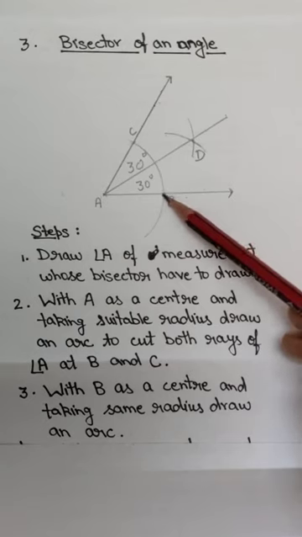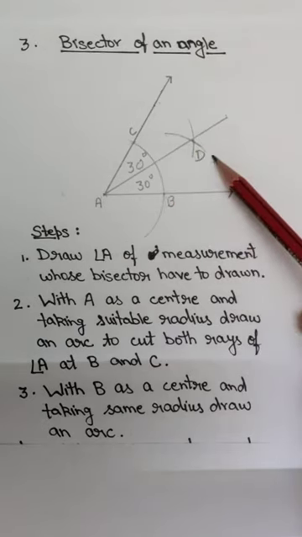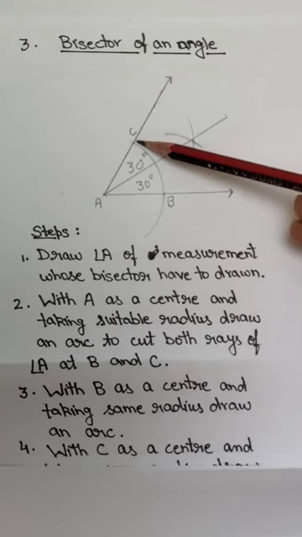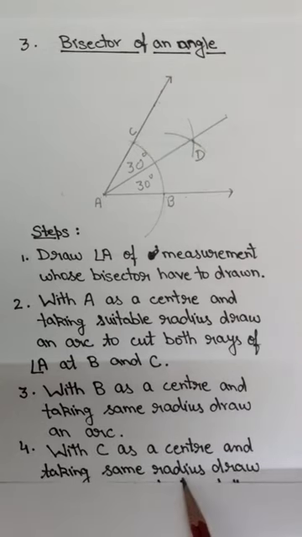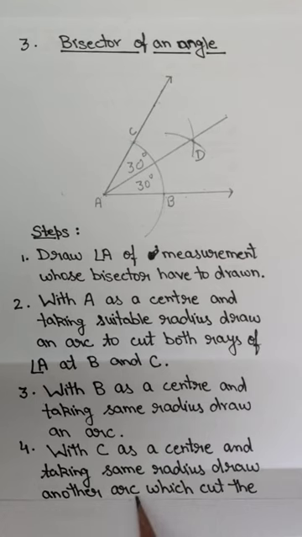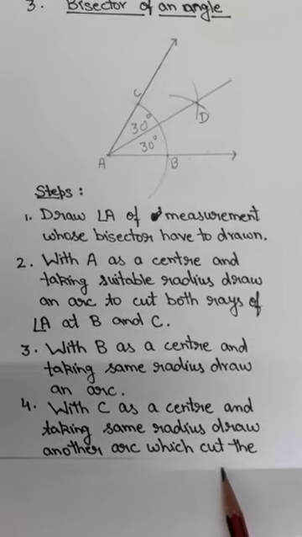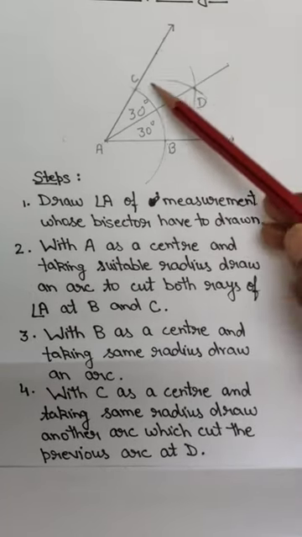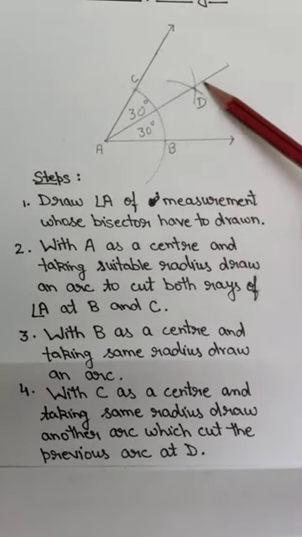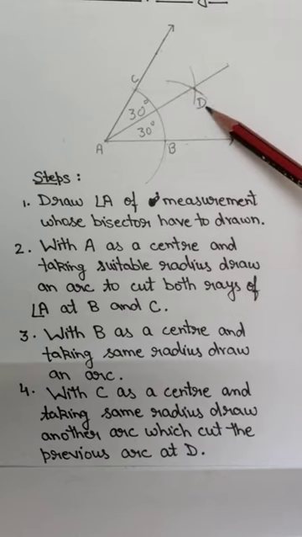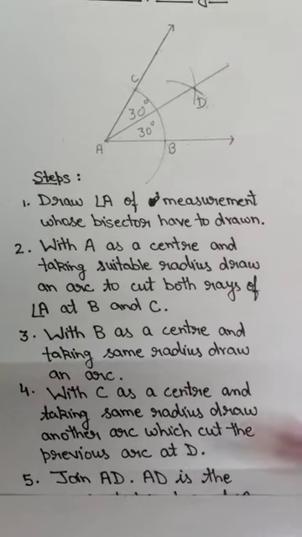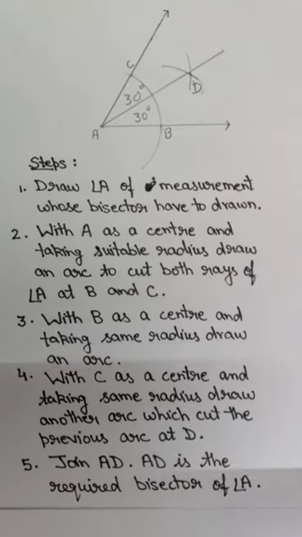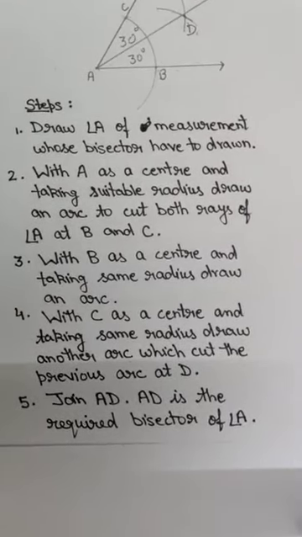Now with C as a center and taking same radius, draw another arc which cuts the previous arc at D. Join AD. AD is the required bisector of angle A.